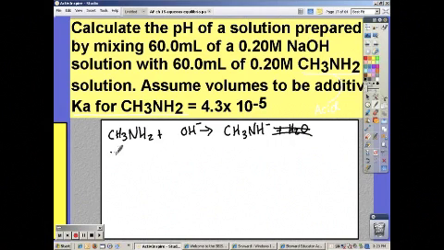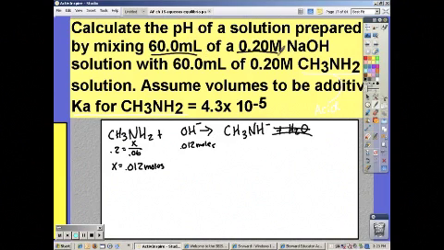So we have 0.2 times 0.06 and 0.2 times 0.06 for our acid, which gives us 0.012 moles and 0.012 moles.